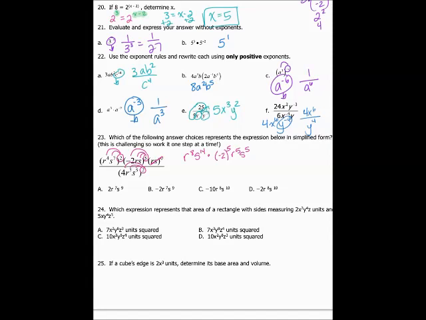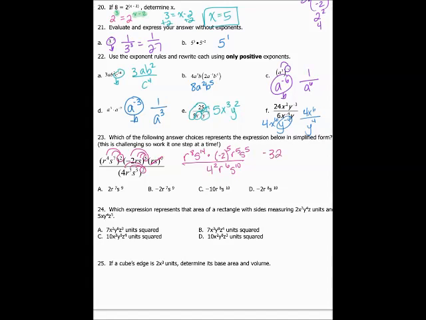So we've got in the denominator 4 squared, r to the 6th, s to the 10th. Now I'm going to multiply on the top, but first I need to go ahead and evaluate that negative 2 to the 5th power. So that's going to be negative 32.